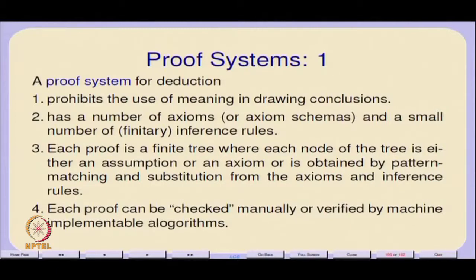So, this is a requirement which comes from the original notion of computation as essentially machine computation, simulating the behavior of a human computer who does not have intelligence, but has a finite collection of rules at his disposal.